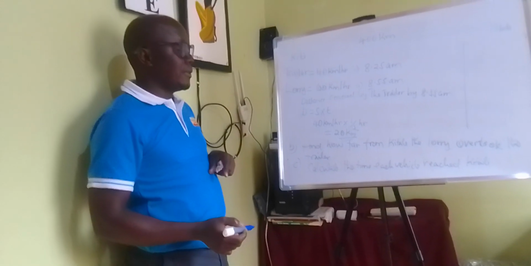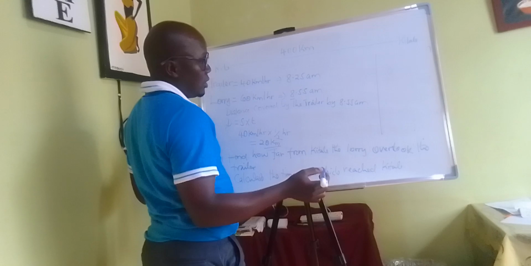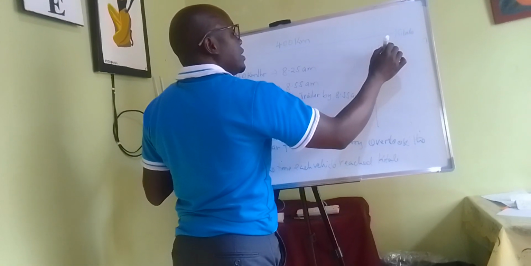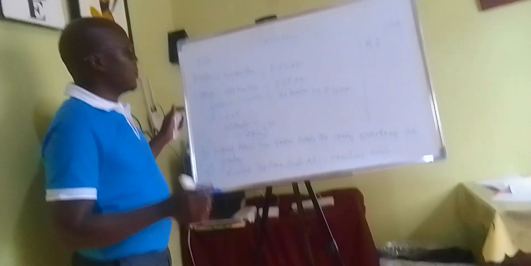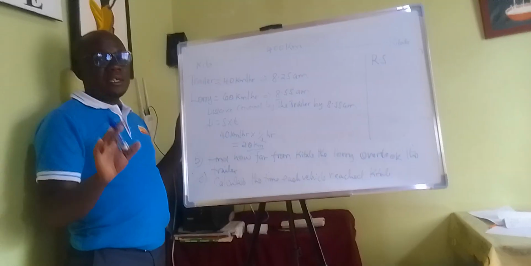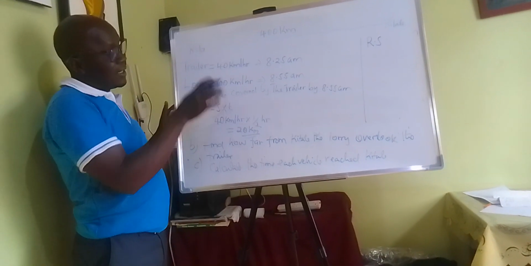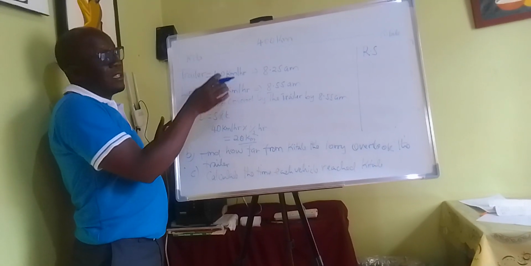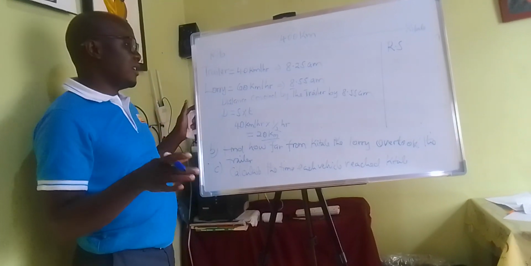So that 20 is very instrumental in getting the time that the lorry overtook the trailer. Now, another thing we need is the relative speed. As I said, for bodies moving in the same direction, the relative speed is the difference in their speeds. In this case, the lorry exceeded the trailer in speed by 20 kilometers per hour.